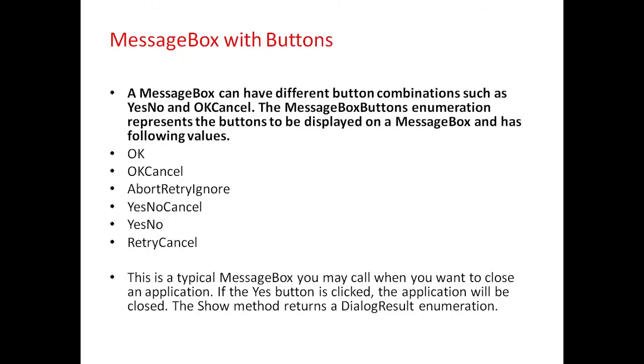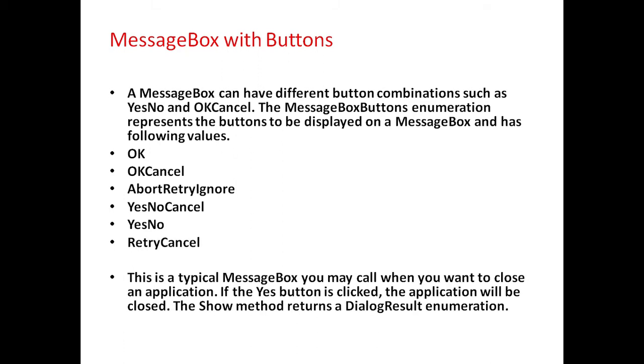Next is message box with button. A message box can have different button combinations such as Yes, No, OK, Cancel. These MessageBoxButtons represent the buttons to be displayed on a message box and have the following values: just OK, or OK and Cancel, Abort, Retry and Ignore, Yes, No and Cancel, Yes, No, or Retry, Cancel.